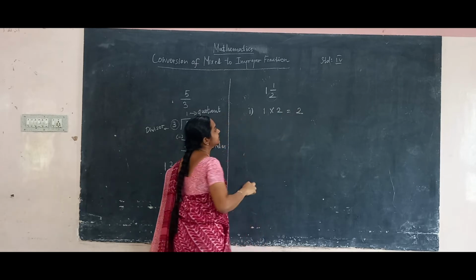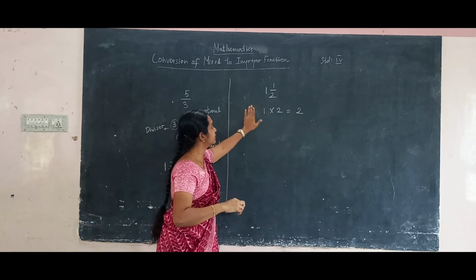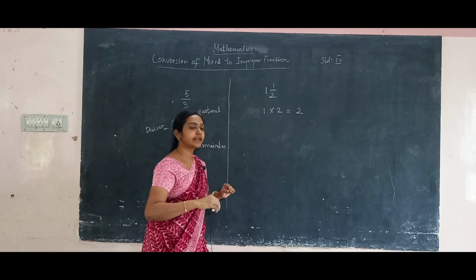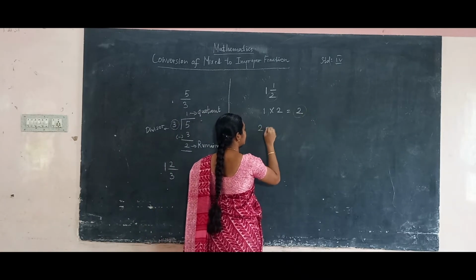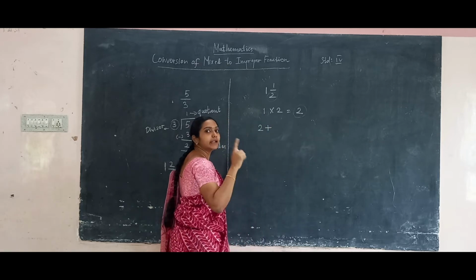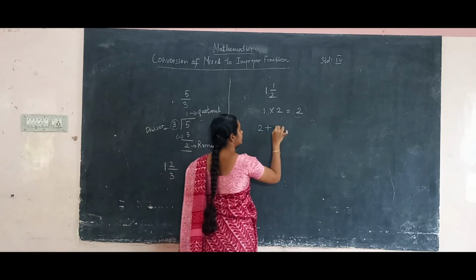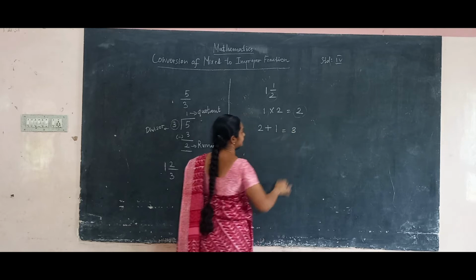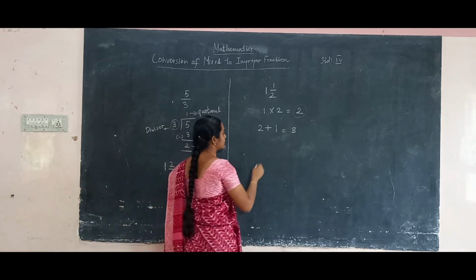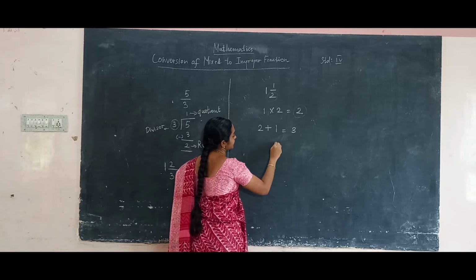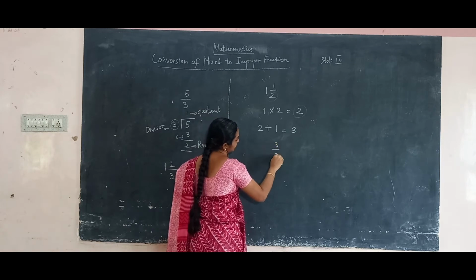Next, with that product we have to add the numerator. The product we have got is 2. With that 2 we have to add the number in the numerator. 2 plus 1 is 3.